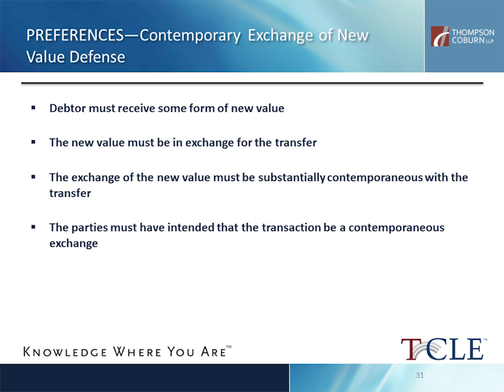And this is a fairly narrow defense. It essentially applies in situations in which the parties intended something to be a cash type of transaction, and for whatever reason it does end up spilling over into a credit type of situation, but the intent was for it to be a cash transaction.